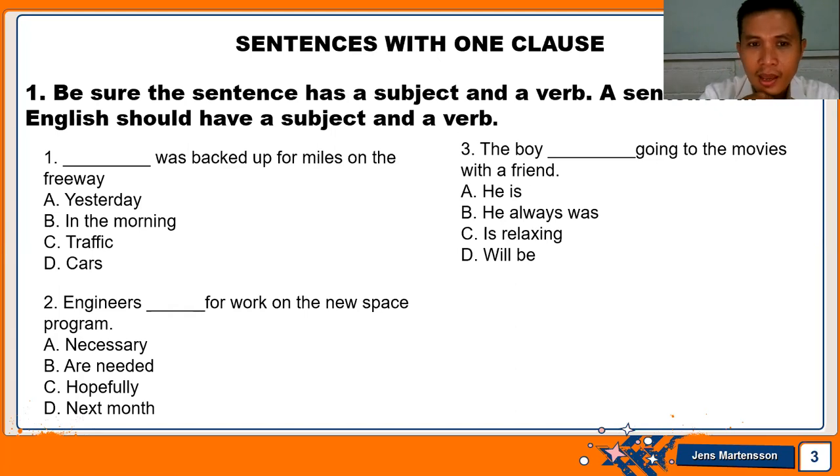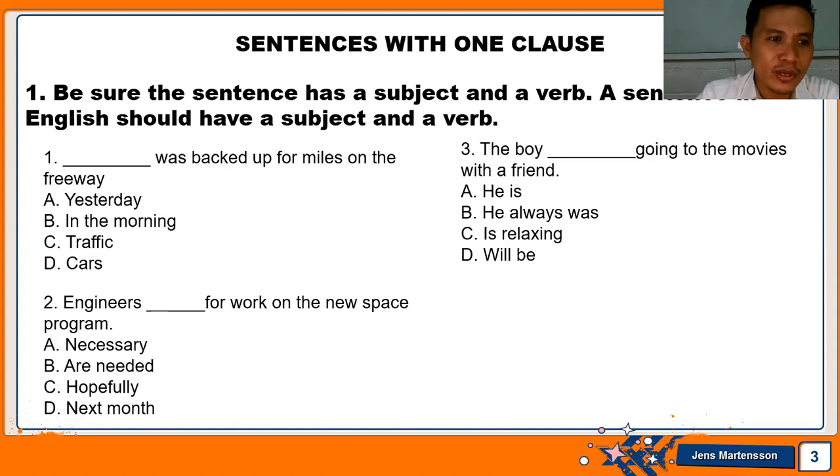I hope you understand. Here are 3 questions. You have to do that in 1 minute, maybe 30 seconds for each question. We're going to start with number 1. Remember, the topic today, the first thing that we need to learn, is subject and verb.